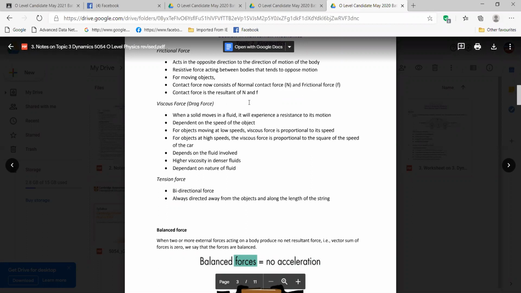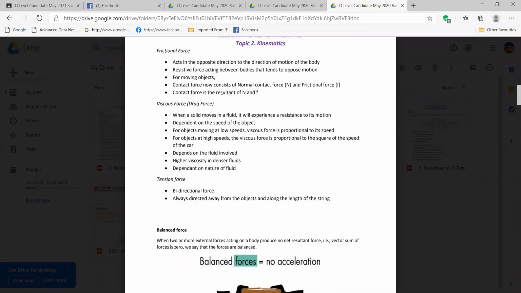So their resultant will be contact force.